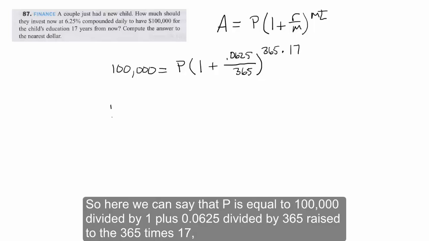So here we can say that P is equal to 100,000 divided by 1 plus 0.0625 divided by 365 raised to the 365 times 17.